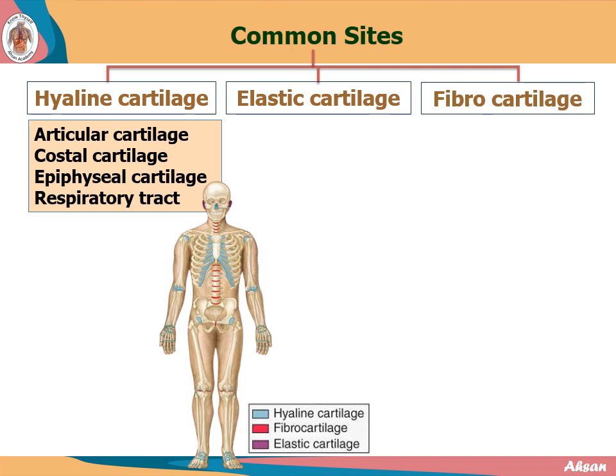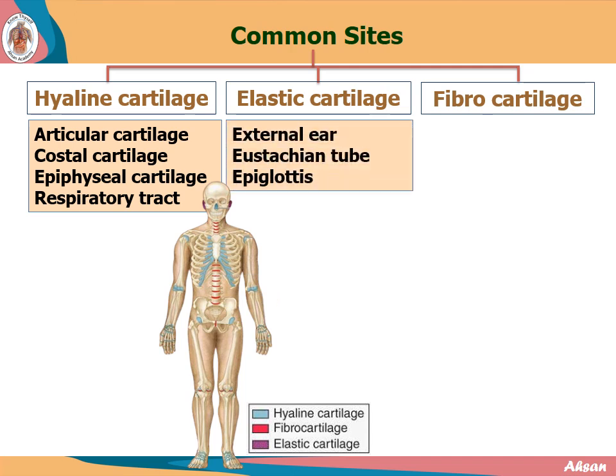In a growing long bone, the cartilage is present between epiphysis and metaphysis. This is epiphyseal cartilage, and in the respiratory tract, starting from the nose up to the last bronchus, we get this hyaline cartilage.